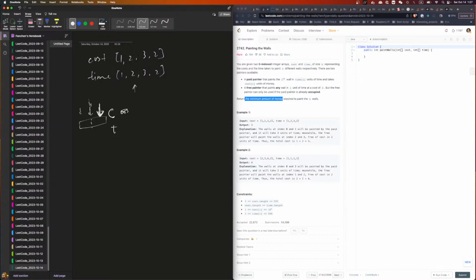So this extra I can say, what if I included this? And then we'll paint this, and then we say that is smaller. Would that be possible?